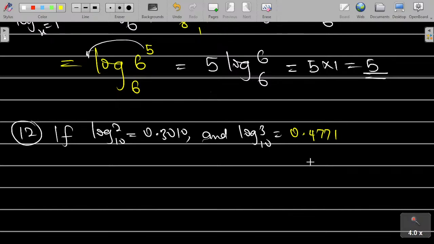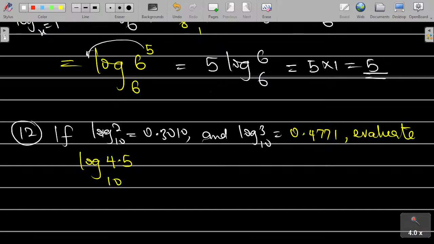So we are to evaluate the log of 4.5 base 10. Okay, so what do you do with that?